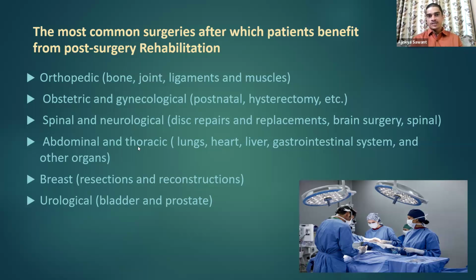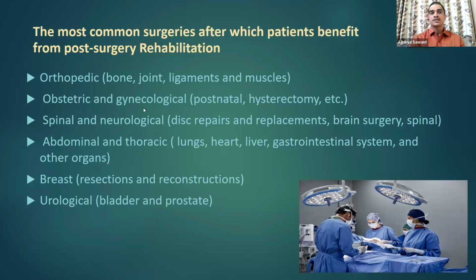Secondly, abdominal and thoracic surgeries, which are lung, heart, liver, gastrointestinal system, and other organs. So other organs also, pancreatectomy, appendectomy, even these are covered in abdominal and thoracic surgeries.